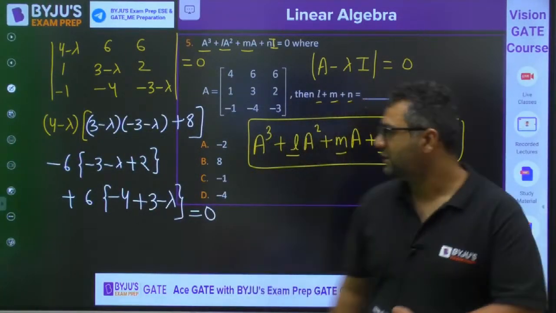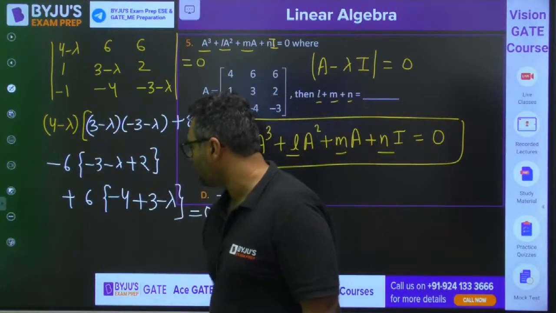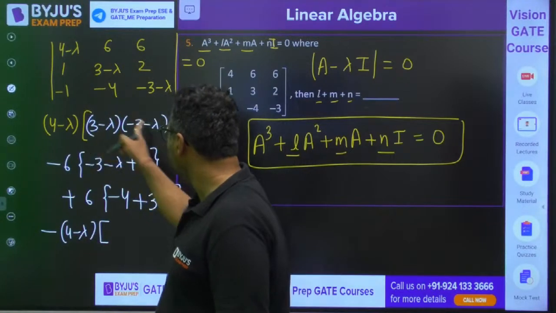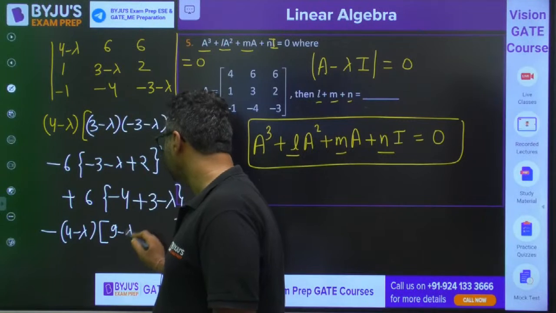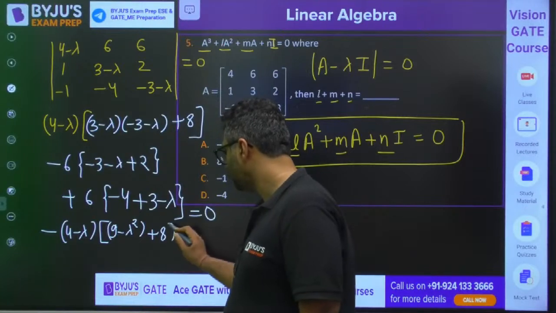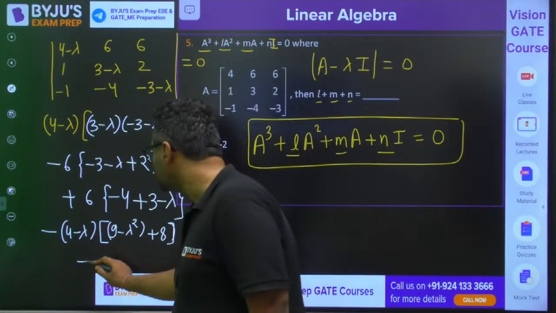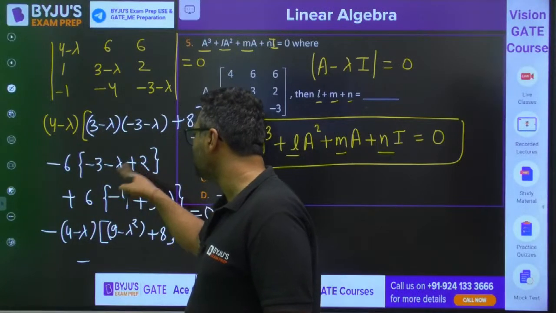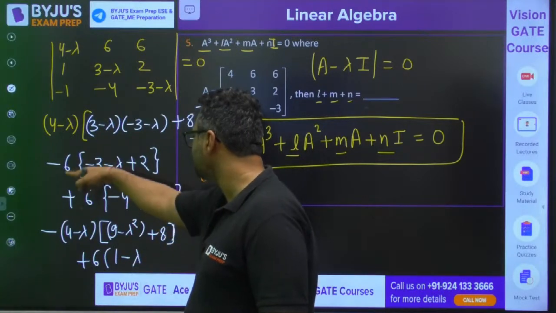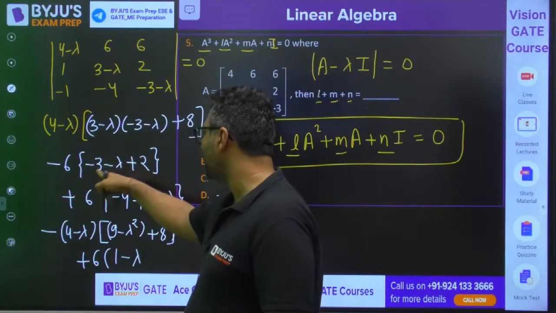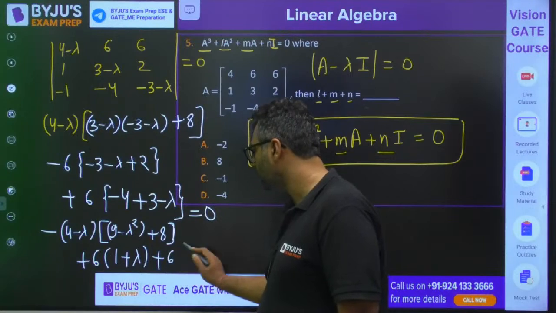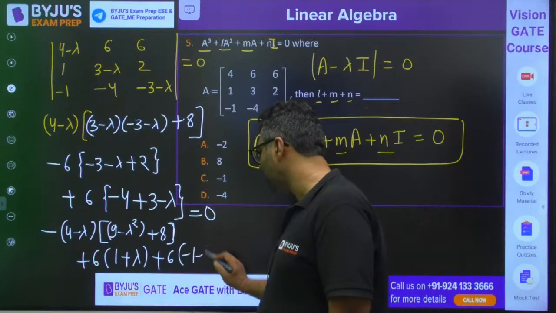So now you just need to solve this equation. You can see minus can be taken outside. 4 minus lambda, 3 minus lambda, 3 plus lambda, 9 minus lambda square, plus 8. And then you have minus 3 plus 2 is minus 1, so plus 6, 1 minus, minus is taken out now. So minus 3 plus 2 is minus 1 minus lambda, 1 plus lambda. Then we have plus 6, this is minus 1 minus lambda again.